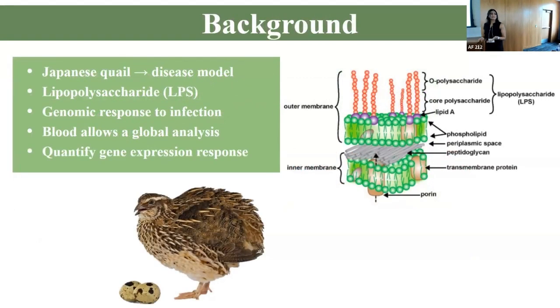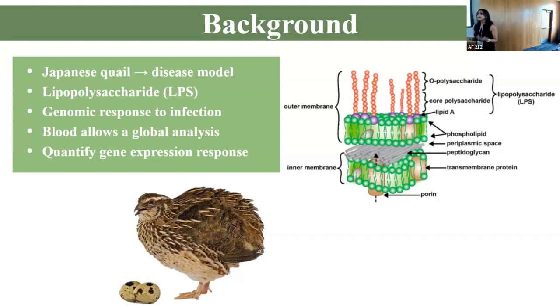We established this model in the Japanese quail, as they've been seen to be an ideal model species in studying disease. E. coli lipopolysaccharide, or LPS, is the agent we use to induce an immune response and is a common agent used by many researchers to study infection responses. It is a component of the gram-negative bacteria cell membrane, and it is also a common antigen responsible for many of the bacterial infections that we as humans face.